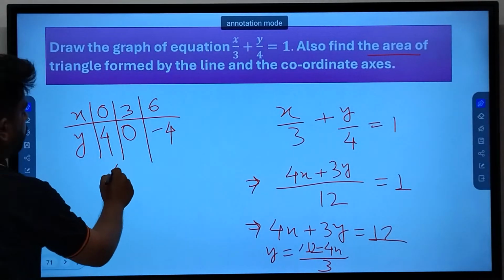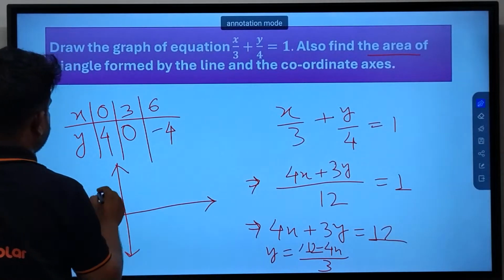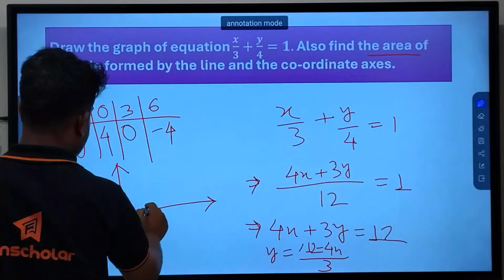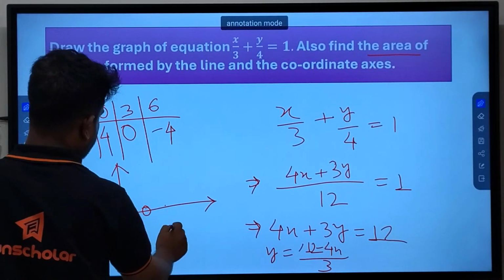And now plot all the points: 0 comma 4 will be here, 3 comma 0 will be here, and 6 comma minus 4 will be here.